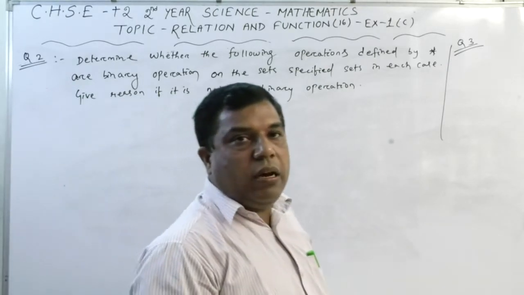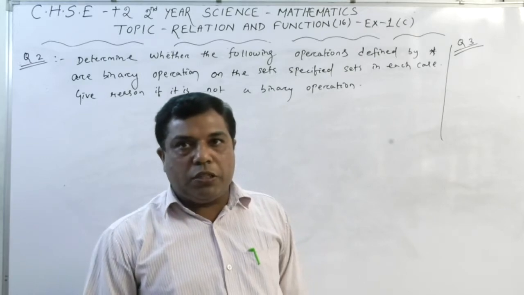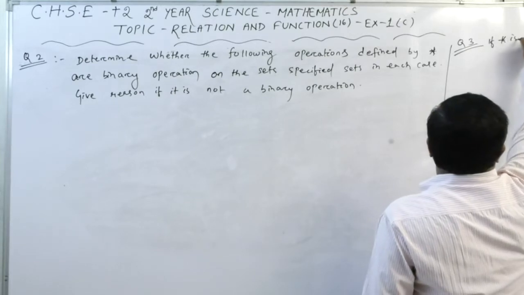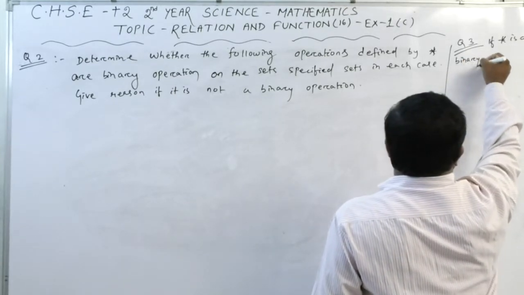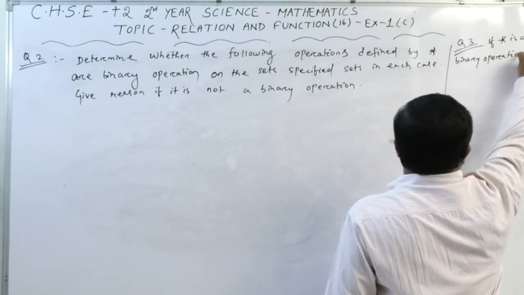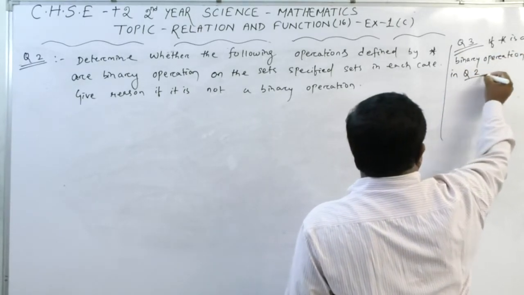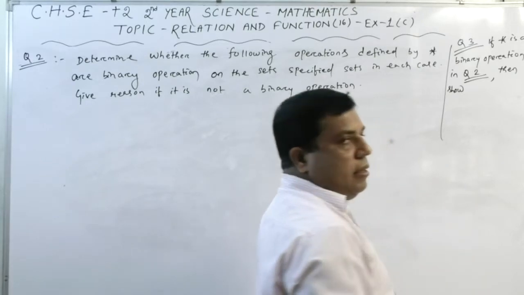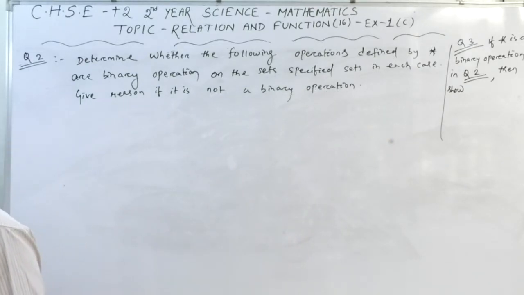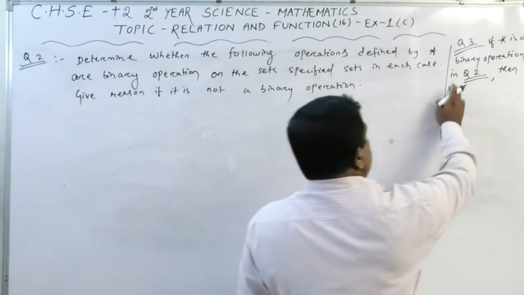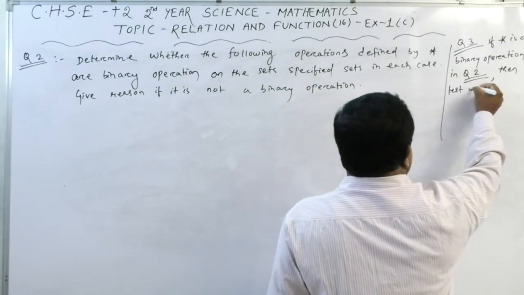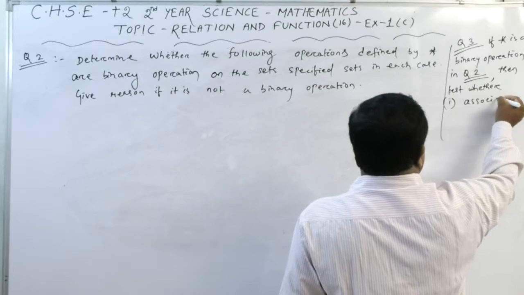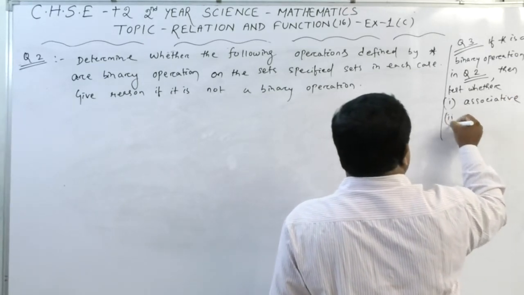Question number 3 says if star is a binary operation in question number 2, then verify, test whether it is associative or not, and whether it is commutative or not.